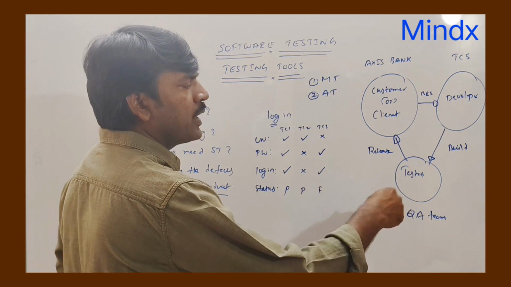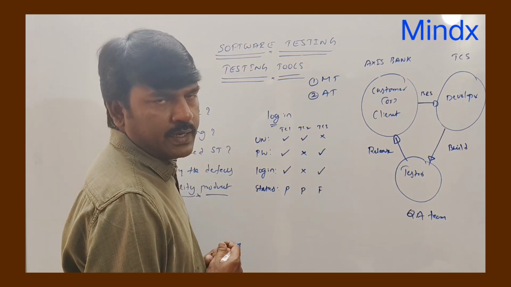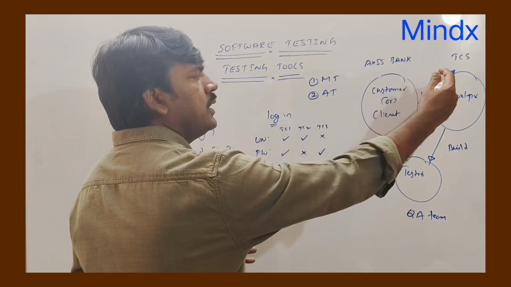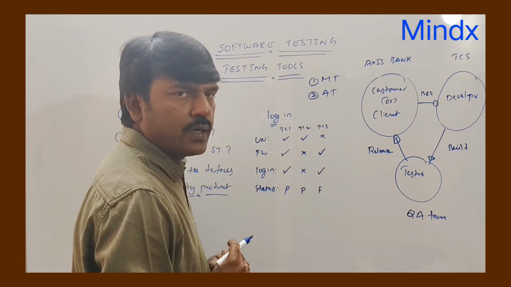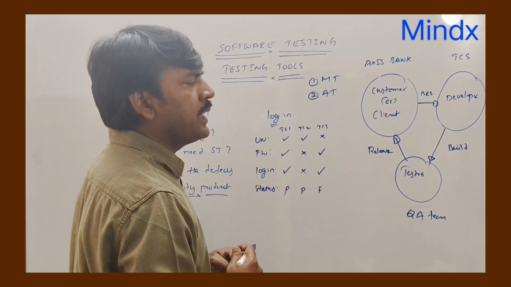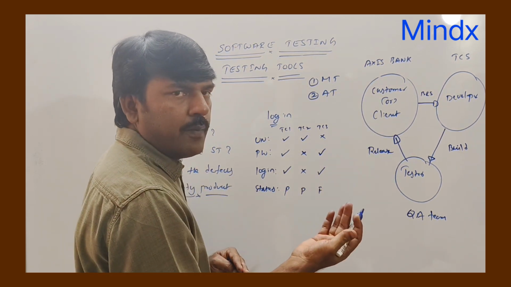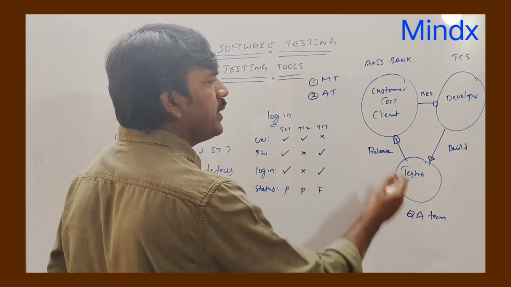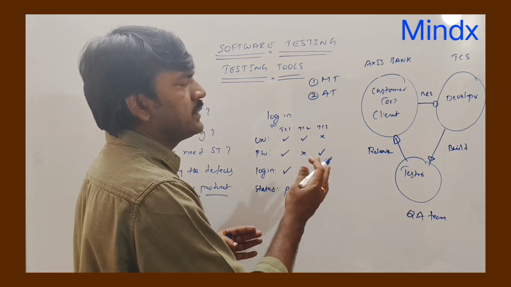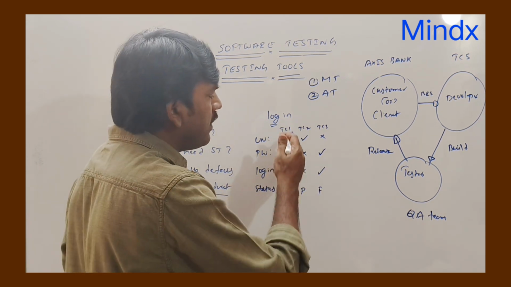Then once again, if a defect comes, once again send it to the developer. Once again, we are conducting the retest on the modified build. There is no defect. It will be released to the client. So like that, software is tested with n number of test cases.